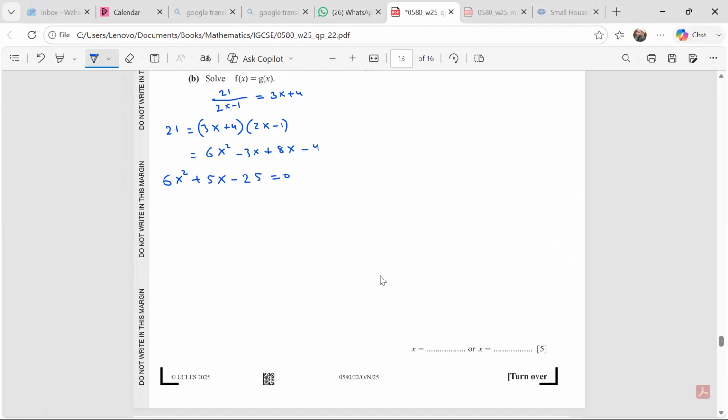Now let's try to solve it. We can factorize it, or use the formula. x equals minus b plus minus the square root of b squared minus 4ac, where c is minus 25, so it becomes plus 25. Is it clear? And divided by 2a, that means 6 times 2.